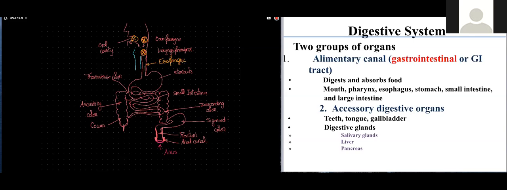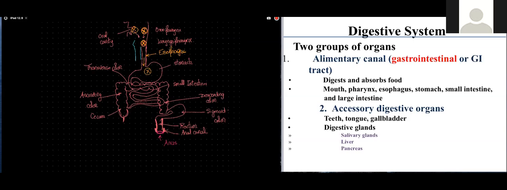Down from the esophagus, the food is going to be passing to the stomach. Then from the stomach, it passes to the small intestines. Small intestine is going to be performing most of the absorption, and completing the digestion of the ingested food.